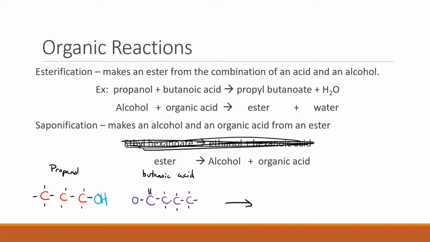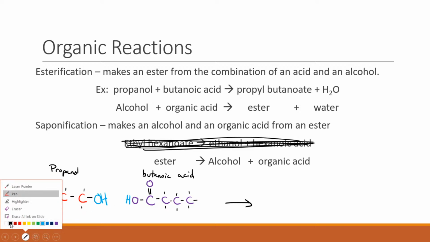Draw my O and my O and my blue H. Flipping the molecule isn't actually going to have any effect on it. It's still butanoic acid facing left or facing right. I just have a habit of putting the organic acid functional group on the right side, drawing from left to right. But it doesn't actually make a difference.